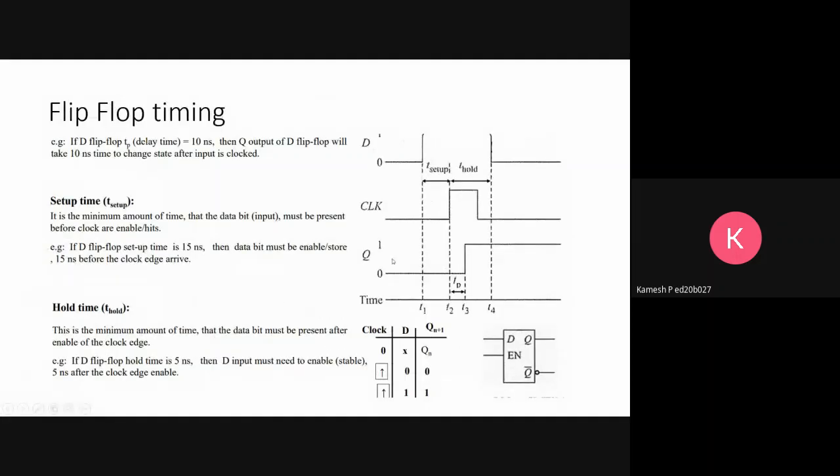That is called clock setup time. And then hold time is the second one, where the data bit must be present after the enable or clock, the minimum amount of time, so that the change occurs. That is called the hold time.